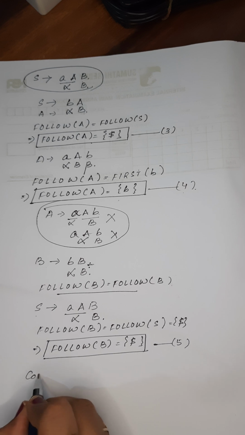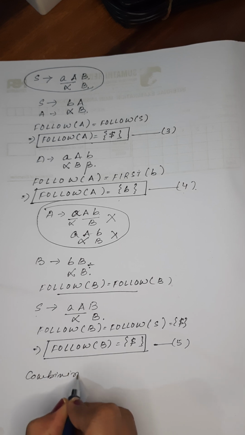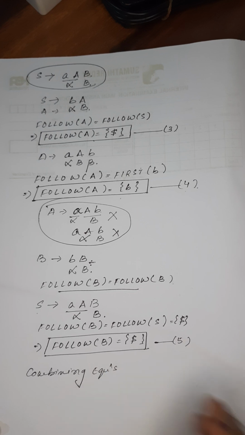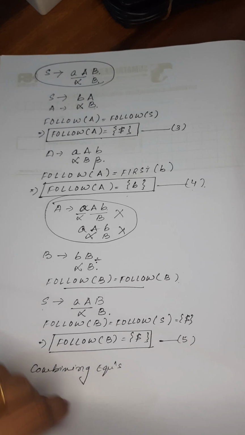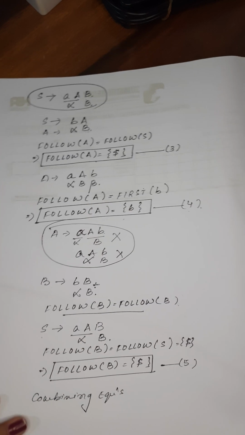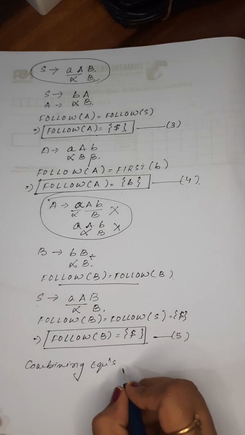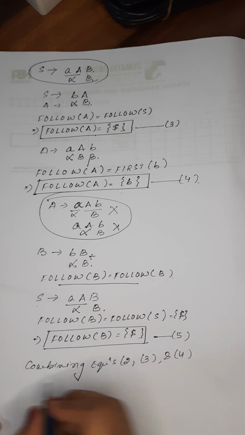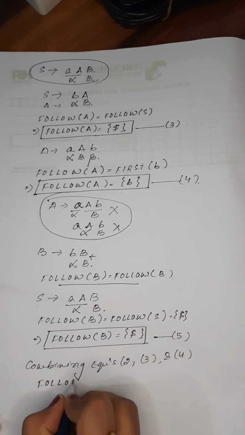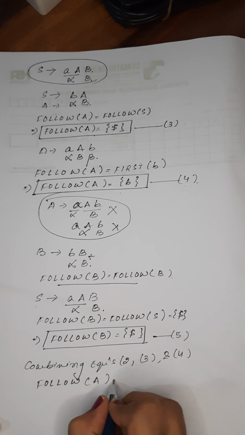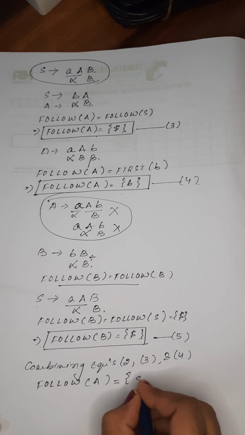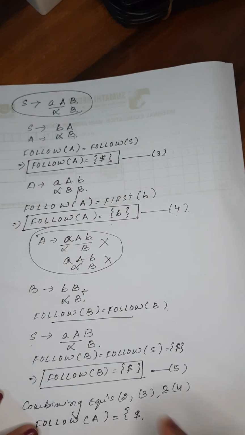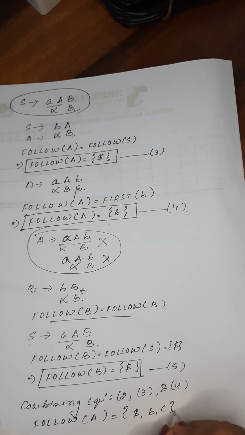So, combining, this is the way you have to write, combining equations 2, 3 and 4, follow of A is equal to dollar, here we have got B, C, here again is B. So, dollar, B and C.